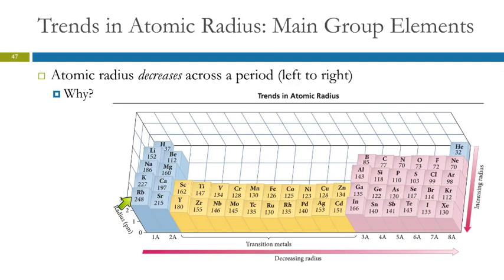So here we're showing the periodic table with atomic radius listed. So sodium 186, magnesium 160, and it keeps going down as we go across. Argon has a radius of 98. What's going on there? Well, as we imagine growing larger and larger atoms by adding electrons, right?